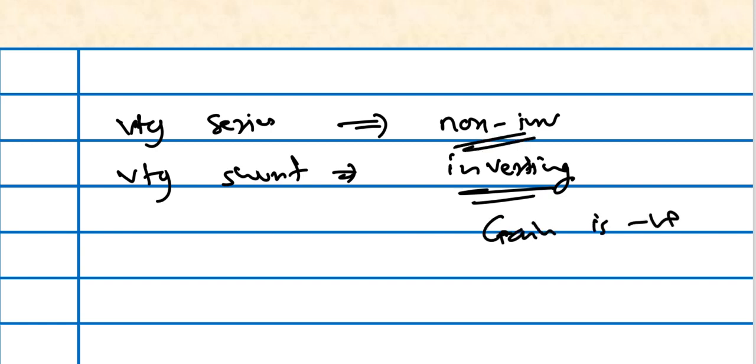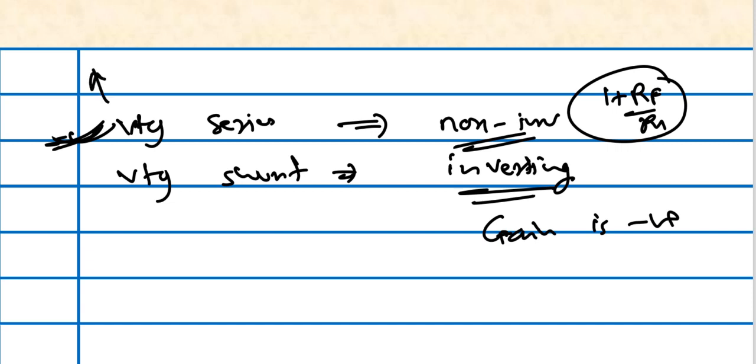For the non-inverting amplifier the gain is positive, and it is 1 plus RF by R1. Okay, this is the gain. Then the voltage series feedback amplifier increases input resistance, decreases output resistance. The voltage shunt feedback amplifier decreases input resistance, decreases output resistance. Okay, so we will stop here. Thank you.